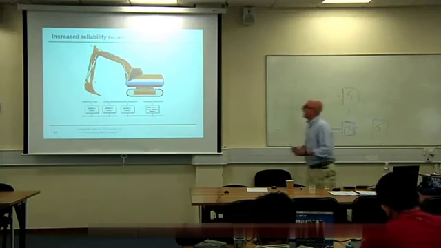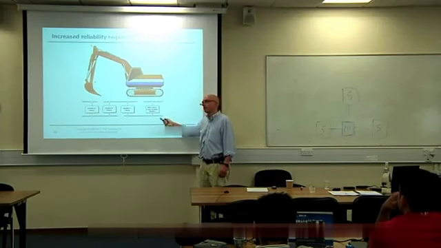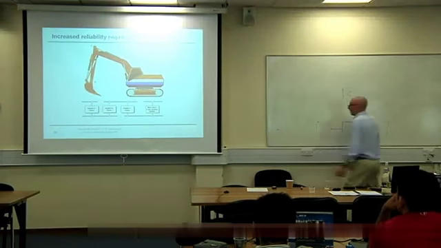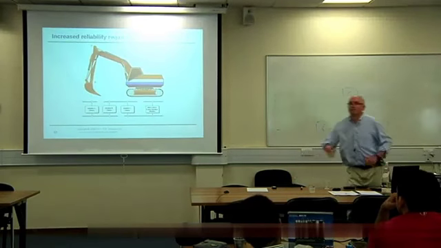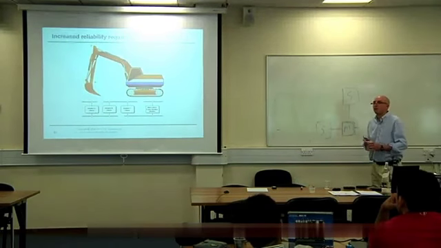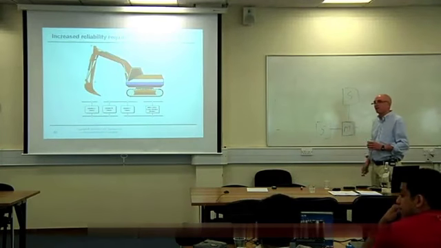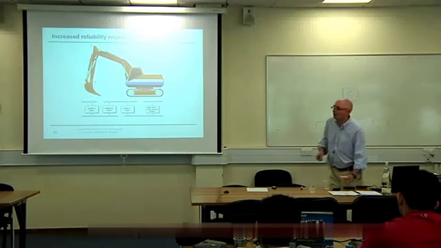So this is bad because I've got a single point of failure, which is the bus. So this is good, right? So now I've got a single point of failure, that's the master.